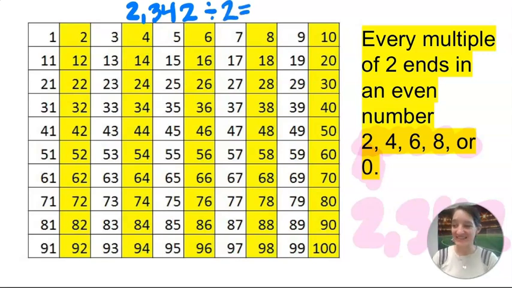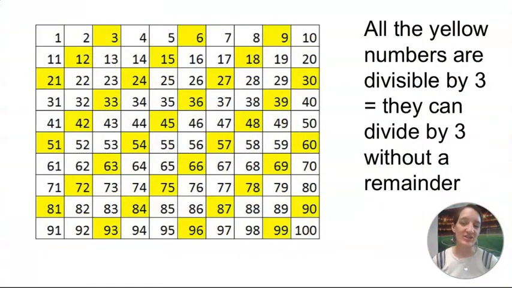The answer is yes, because it ends in an even number. It ends in either 2, 4, 6, 8, or 0. In this case, it ends in 2. So all numbers that are even, you can divide by 2.